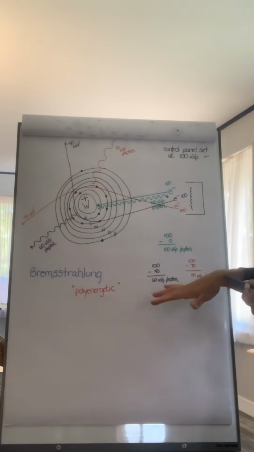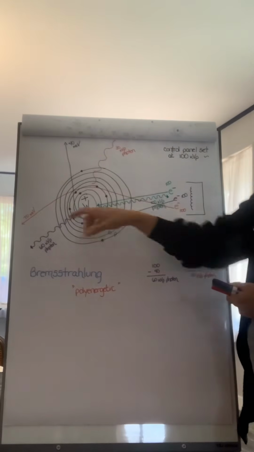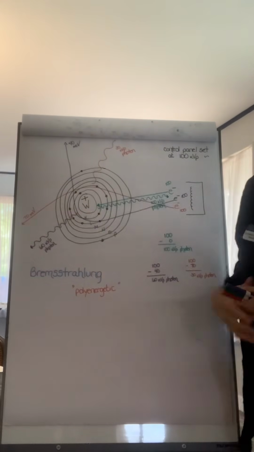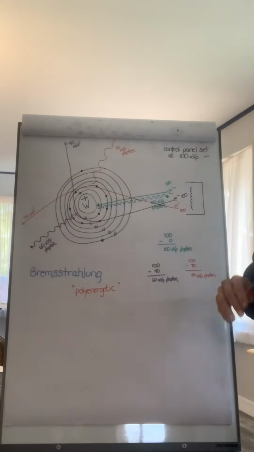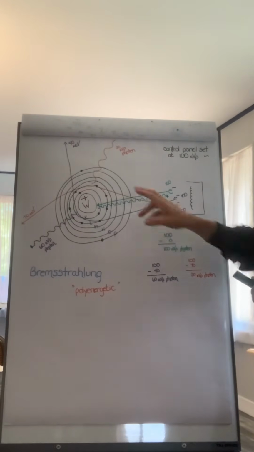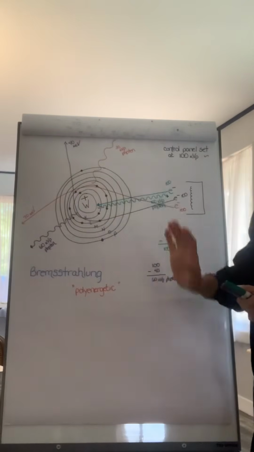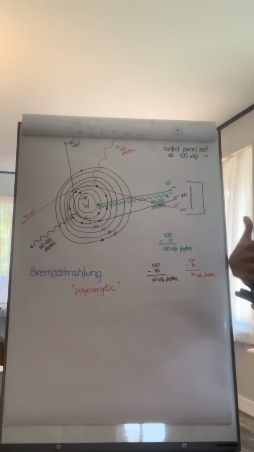Now, the only other thing I want to point out: if this red one left with 70 keV, it could, in theory, go knock out a K shell of another atom and cause a characteristic interaction. Can that happen? Absolutely. It basically keeps going until the exposure ends.